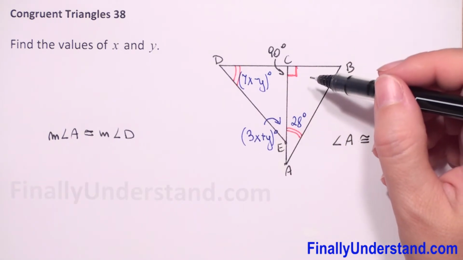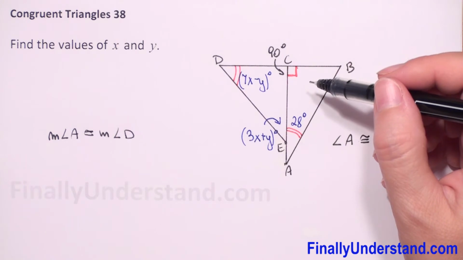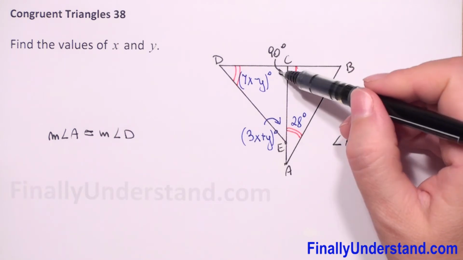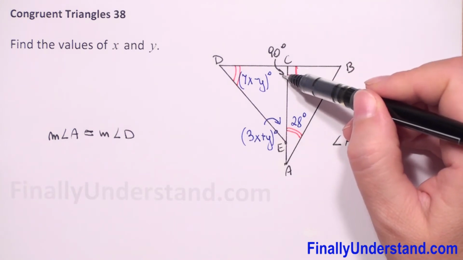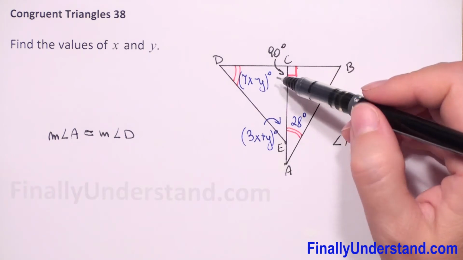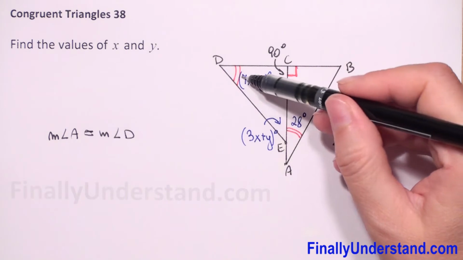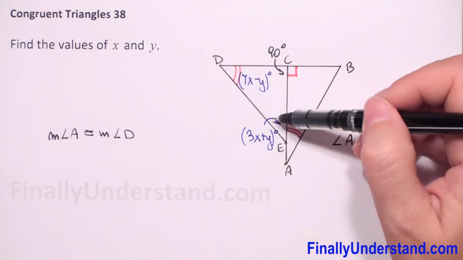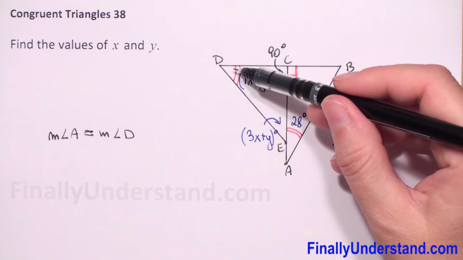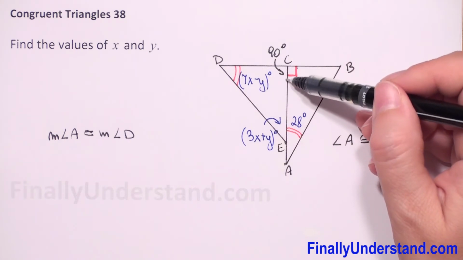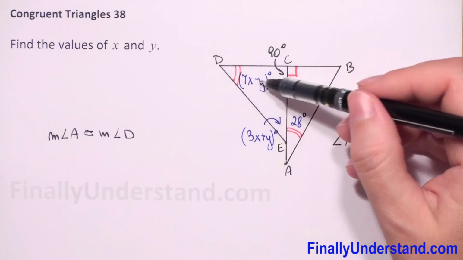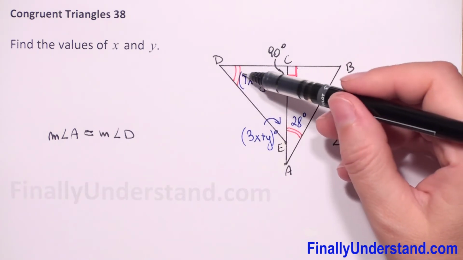So we can write another equation because this angle has 90 degrees, so it means that these two angles have to have 90 degrees too, because we know that the interior angles of a triangle add up to 180 degrees.